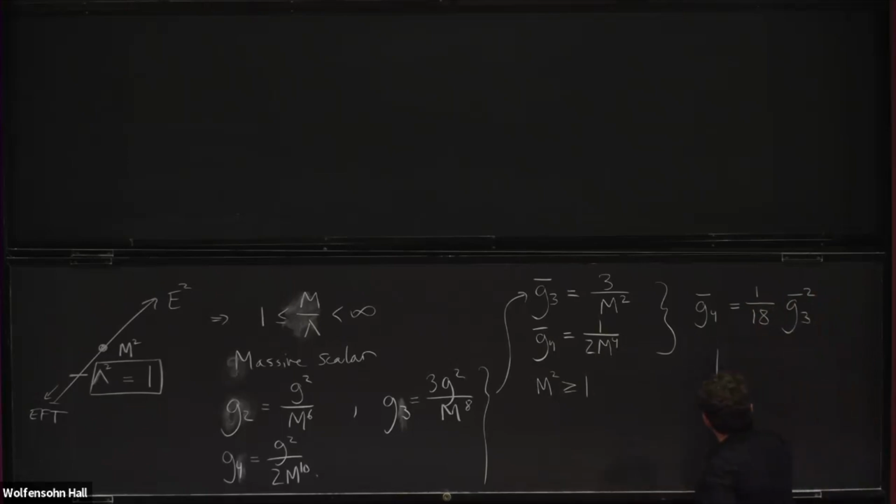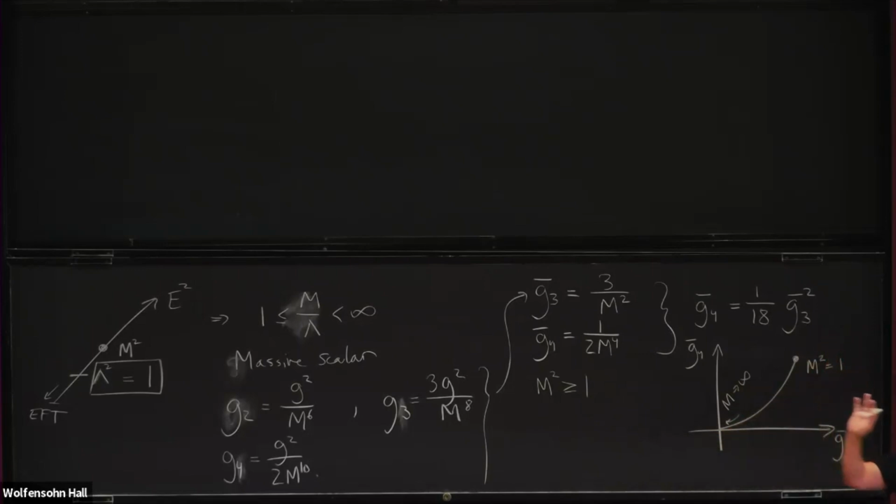And if I now look in my space of these two types of couplings with G3 bar on the horizontal axis and G4 on the vertical axis, then I can draw this and say, aha, that means that as I vary m from being 1 up here to m going to infinity as I go down there, I will trace out this part of parameter space.